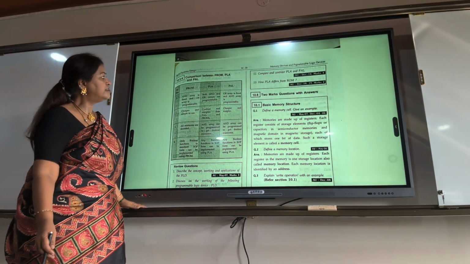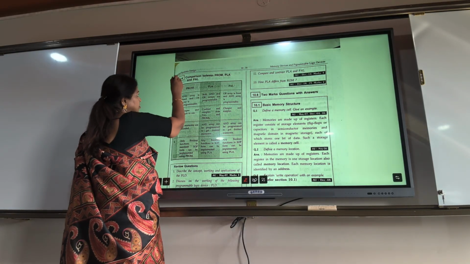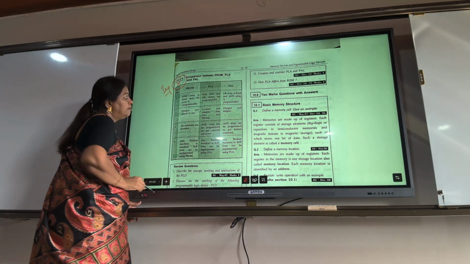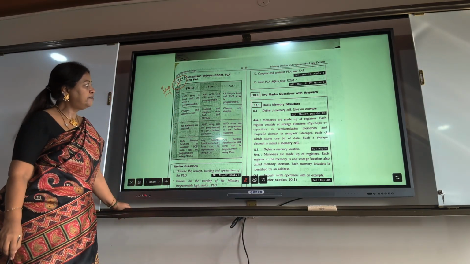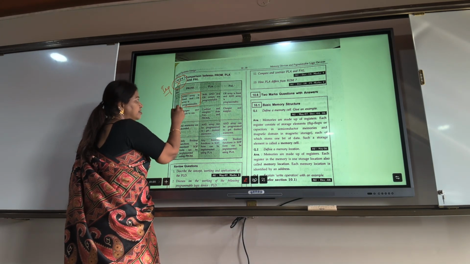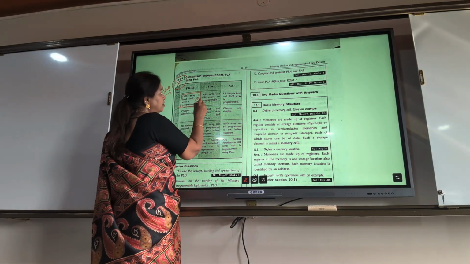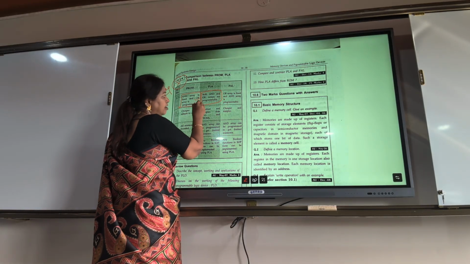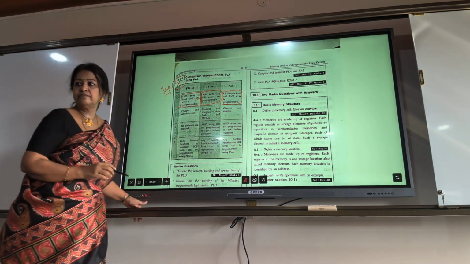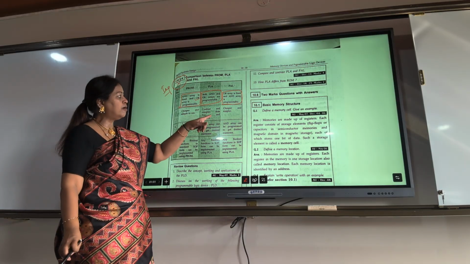Here is the difference between PROM, PLA and PAL. This is also an important question. In PROM, the AND array is fixed and OR is programmable. In PLA, both AND and OR are programmable. In PAL, only AND is programmable. PROM is cheaper and simple to use, PLA is costly and complex.